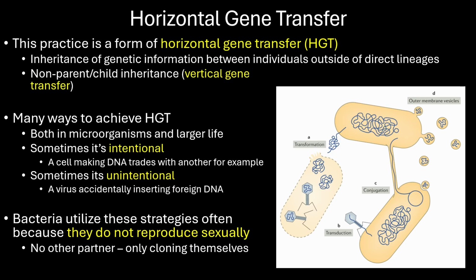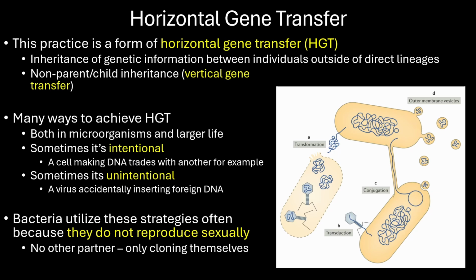Sometimes this can be intentional, where the bacterium is making a choice to do this, as in conjugation, which is what I mentioned earlier with the sex pilus, where they intentionally make copies of their plasmids and pass them between one another. Sometimes it's also unintentional, in the case of a virus accidentally inserting foreign DNA into a genome as it tries to infect the cell.